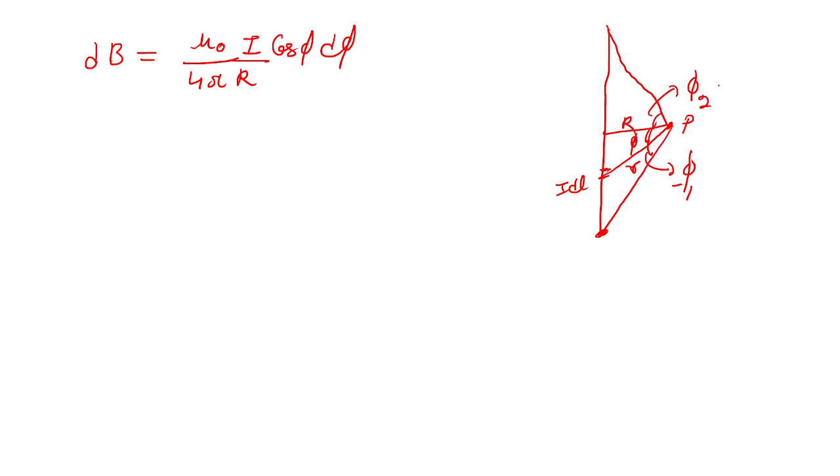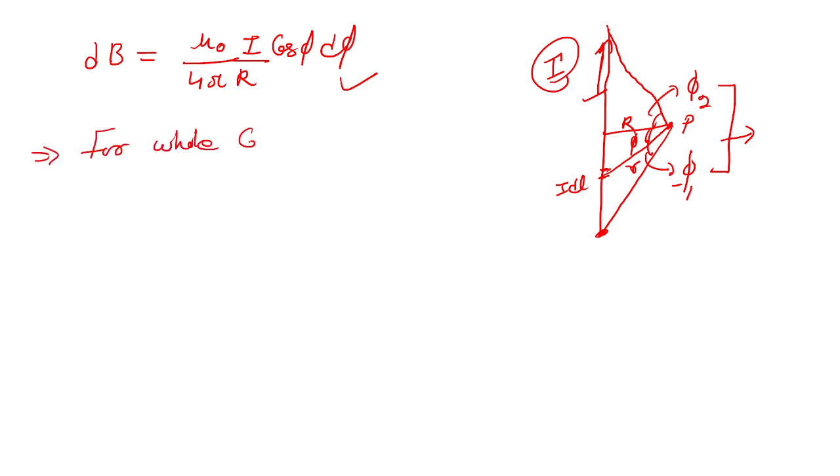This is our limit through which we have to integrate this equation, so that we will get the generalized equation for the whole conductor, for the magnetic field experienced by point P because of this conductor, which carries a high magnitude of current. So for the whole conductor, we are now calculating the value of the magnetic field at point P.